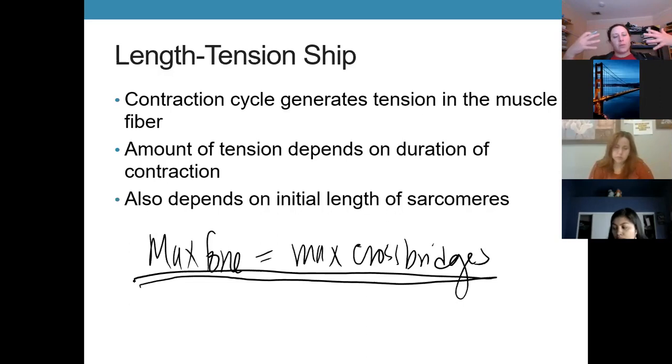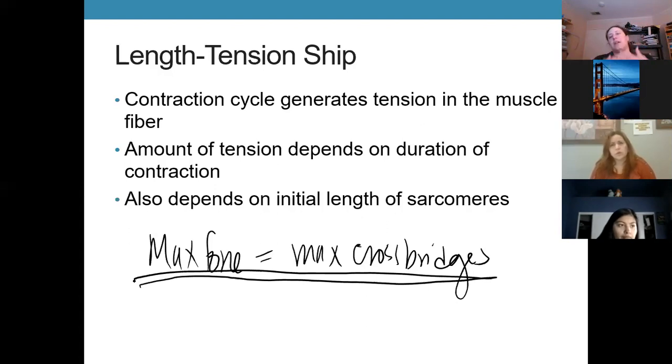If they're too far apart, you can't cross bridge, or you only have a couple of them. It's like trying to grasp at the fingertips. You're just not going to get a good grip. So it takes a little while to ratchet everything together, and then you can start to generate more tension. Well, you just can't get to maximum that way, not right away at least.